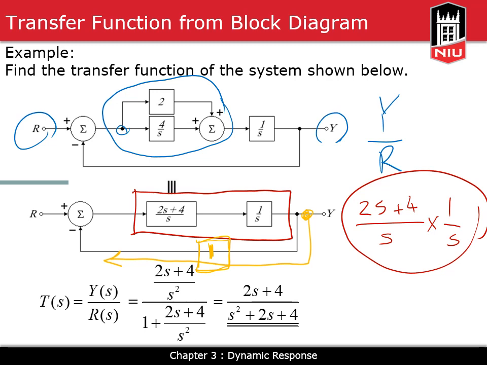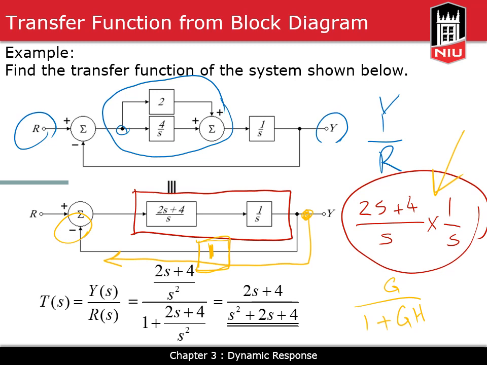So now if you assume there is a block in the feedback path, which is 1, and a block in the forward path with the transfer function right here, all you have to do is use the feedback equivalency formula that we found earlier. We said if the feed forward path is G and the feedback path is H, and with the negative feedback, you see there's a negative sign here, then the equivalent transfer function is G over 1 plus GH.